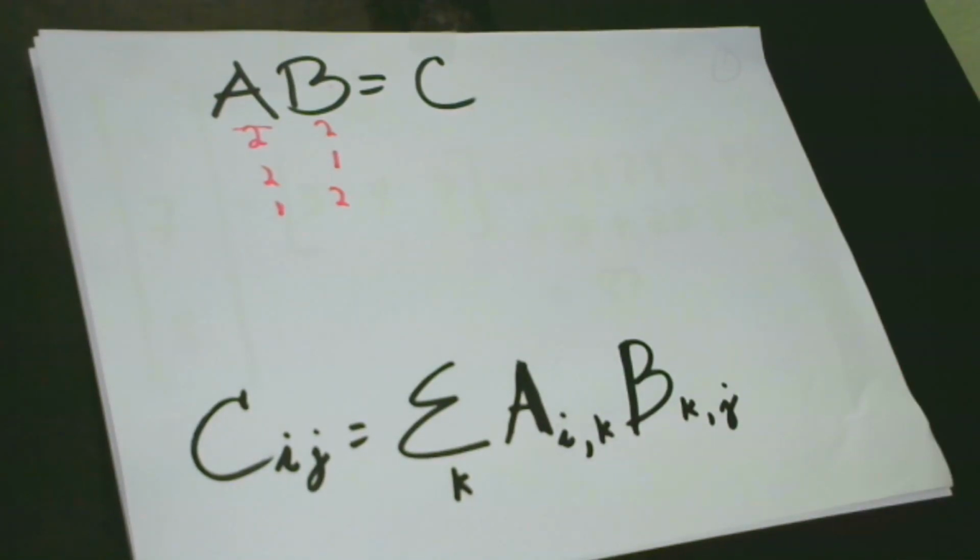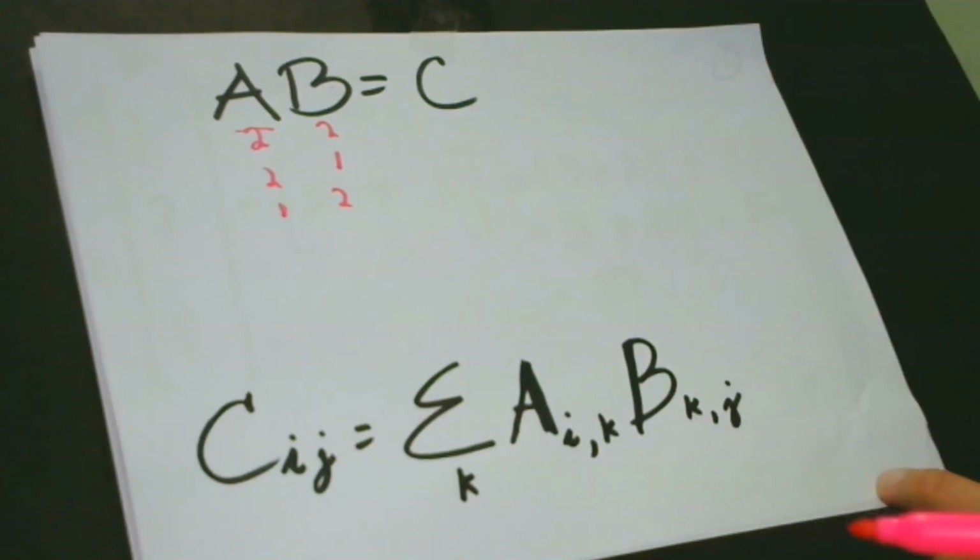Now let's go to the second requirement. The second requirement is that if A is of shape M by N and B is of shape N by P, then C is of shape M by P. Let me write that.